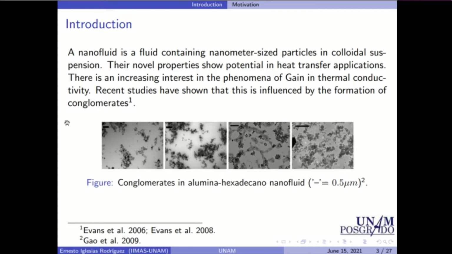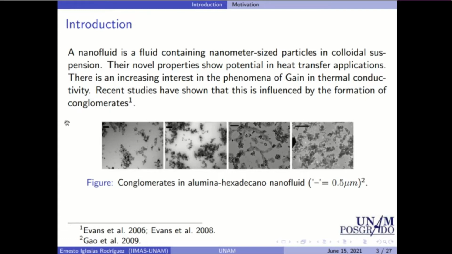There is an increasing interest in the phenomenon known as gain in thermal conductivity, compared with the gain of a traditional colloid.